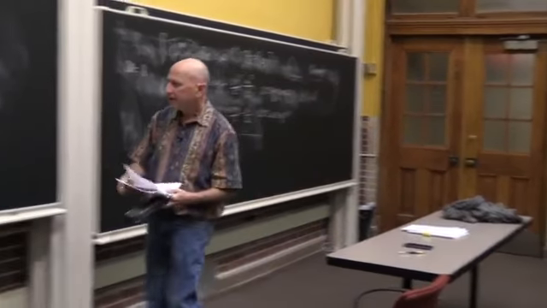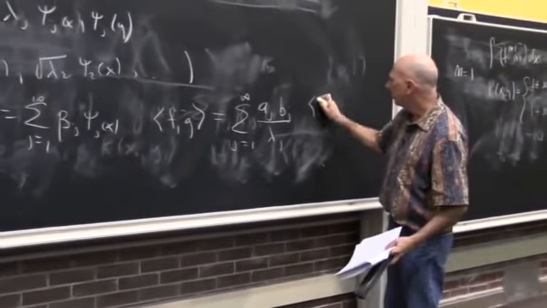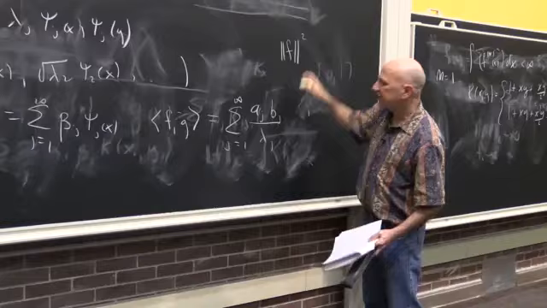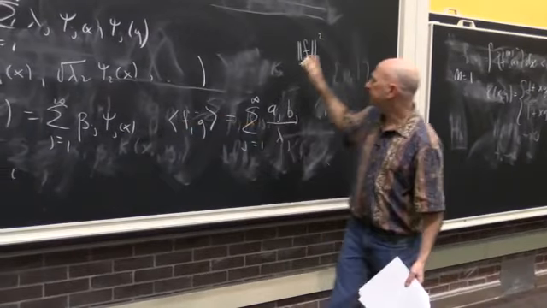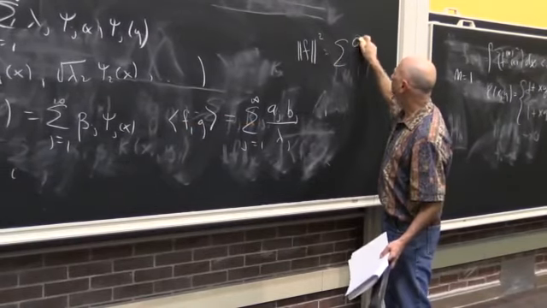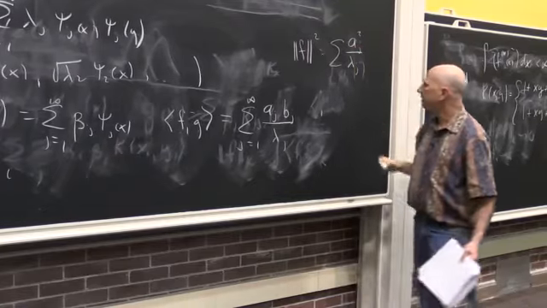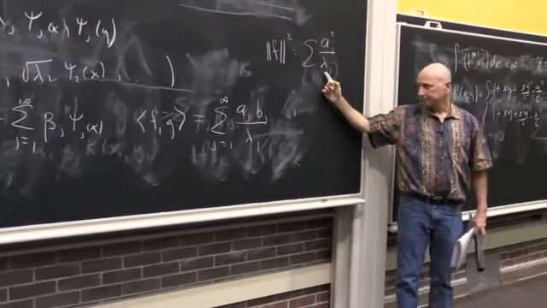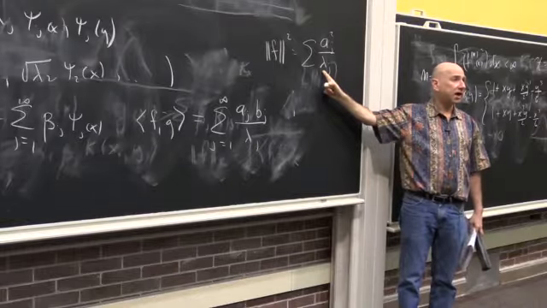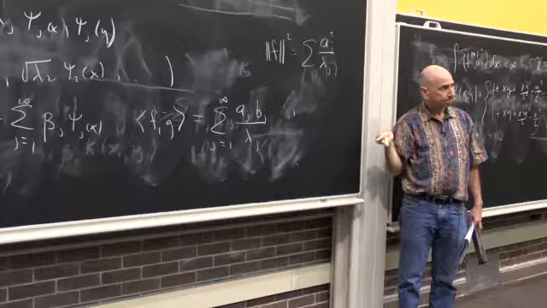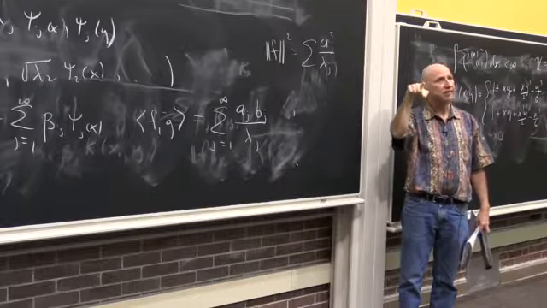Okay, in particular, the norm of f squared, if I expand it in this basis, I'm going to get this for its norm. Typically, these eigenvalues are getting smaller and smaller. You have the first eigenvalue, the second eigenvalue, they get smaller and smaller.